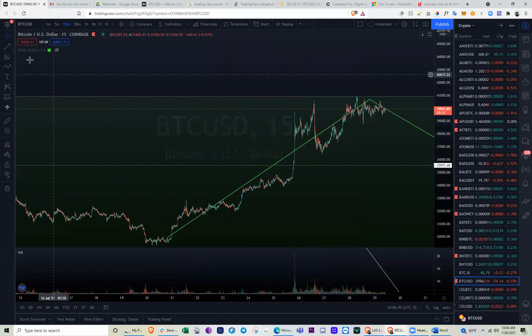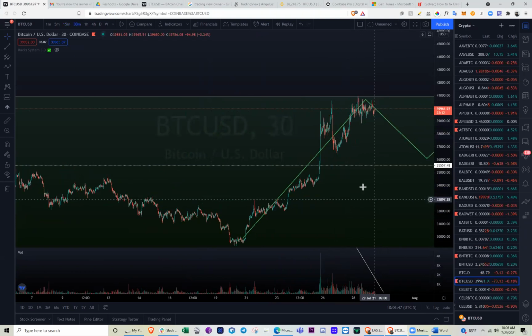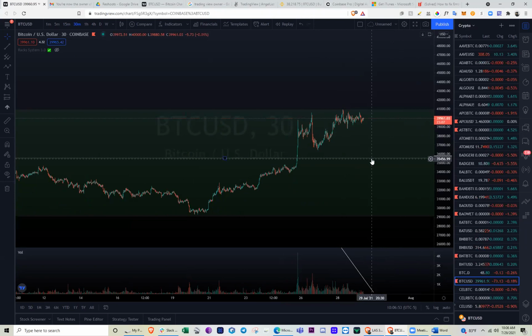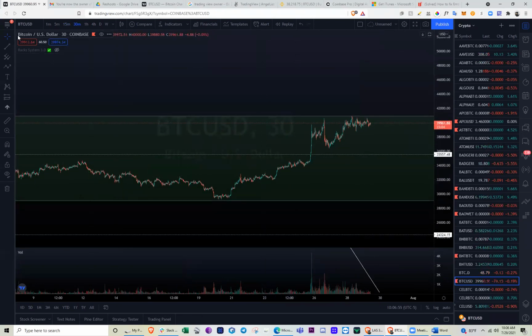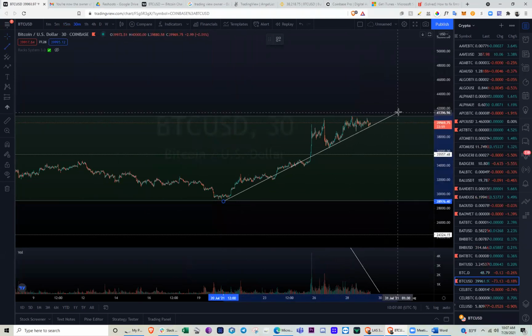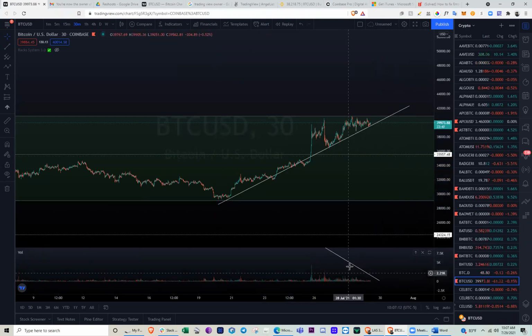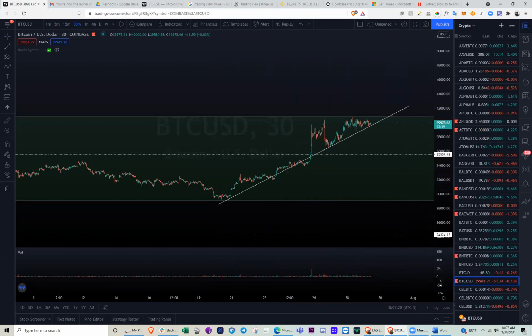Hold on. I'm gonna take this out. I want to see if it kind of... See, this is a bullish stance, but I want to see the volume come in with it. So it's still on its uptrend, right?